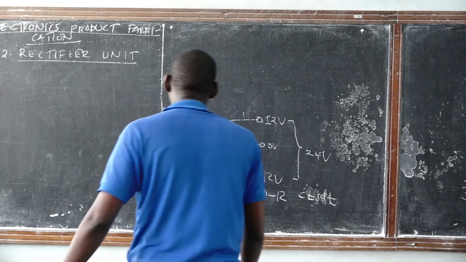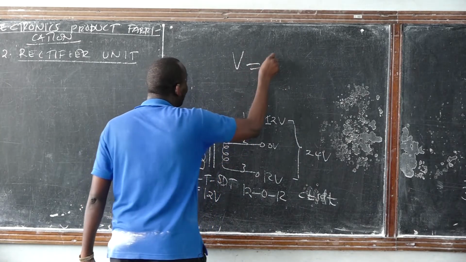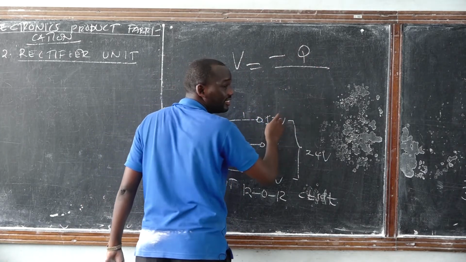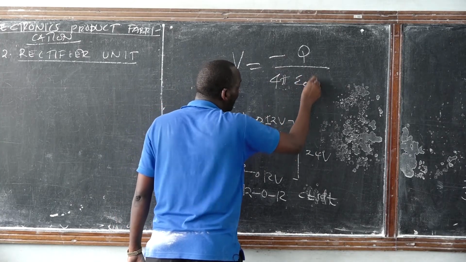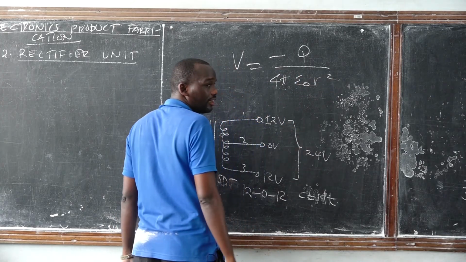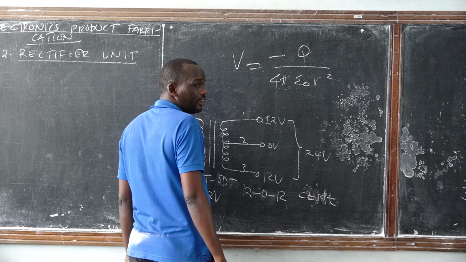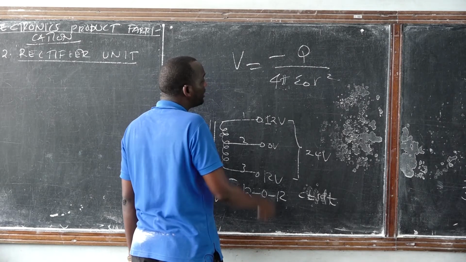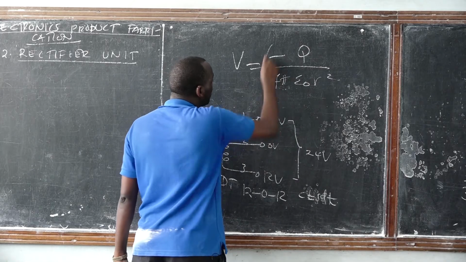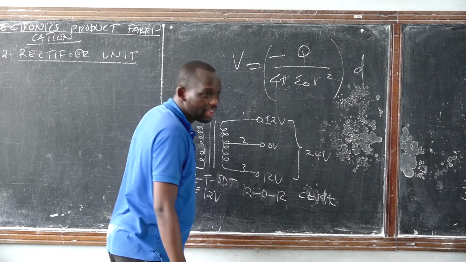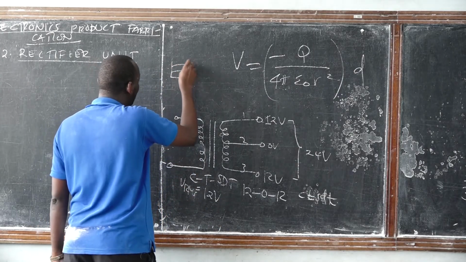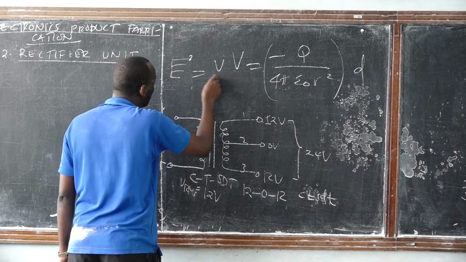You forgot that you've been dealing with this? Negative voltage over 4 pi. You remember that? This is the electric field. So if you have the electric field, you multiply by what? You have forgotten. Electric field is equal to the electric potential of what?